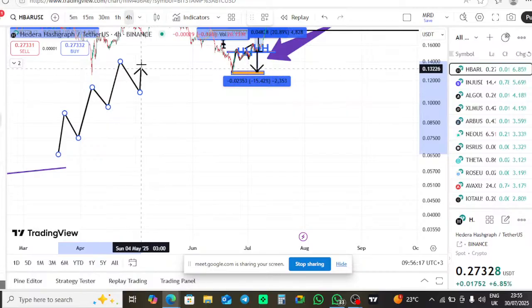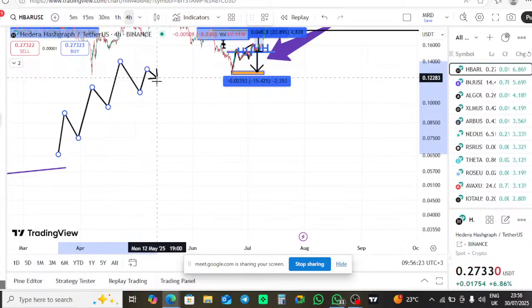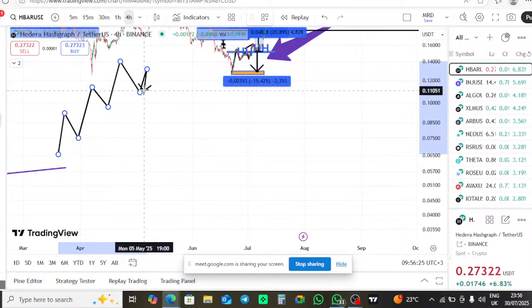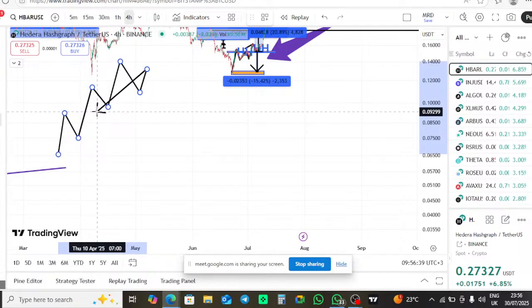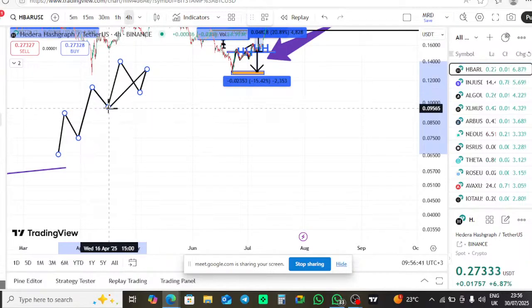If we come back and fail to break this high, and we stop around here, and we drop, and we close below this, are you getting it? That means we have trouble here. We have to close below this one and this one, because this one was a higher low.